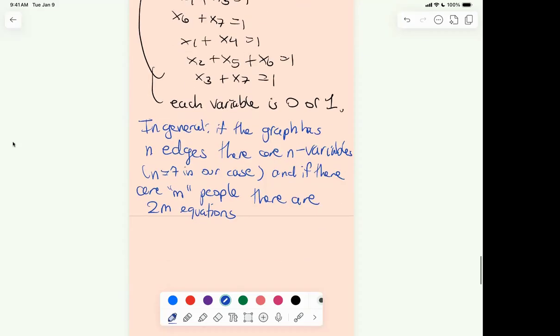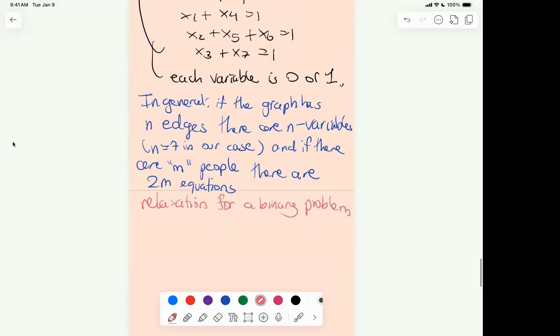The relaxation for a binary problem is to replace the condition that the variable is 0 or 1 with the condition that the variable is between 0 and 1. That's the best way to do the replacement in this case.